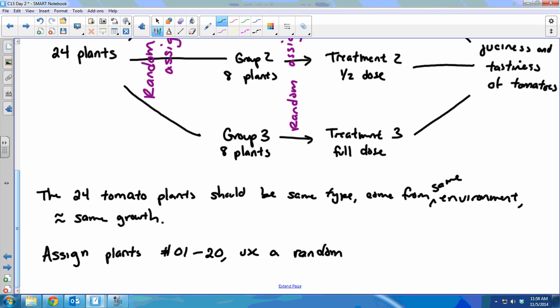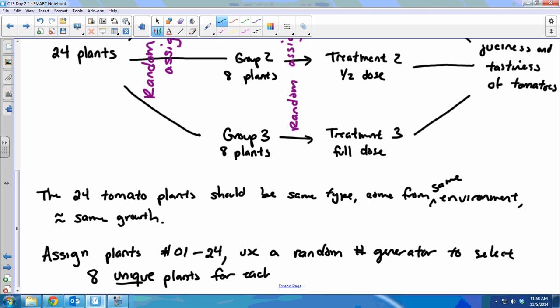Use a random number generator to select 8 unique plants for each group.